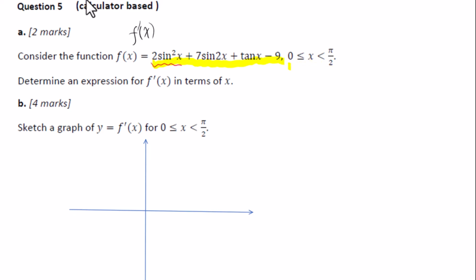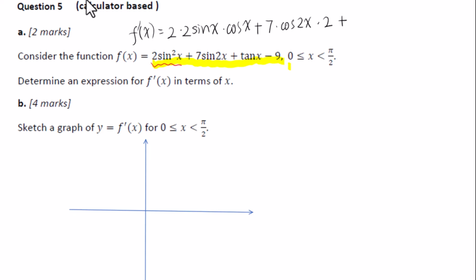F prime of x equals 2 times, we will do the power rule first, 2 sine x. Then do the chain rule, cosine x, plus 7 times cosine 2x. Don't forget the chain rule, times 2.